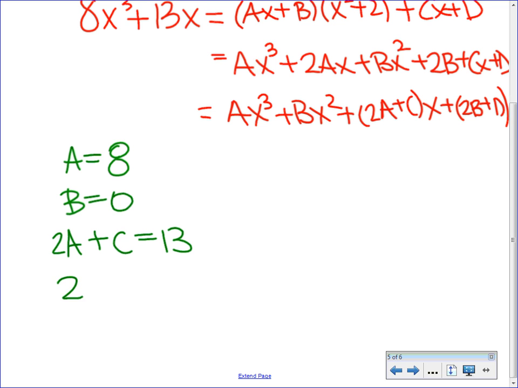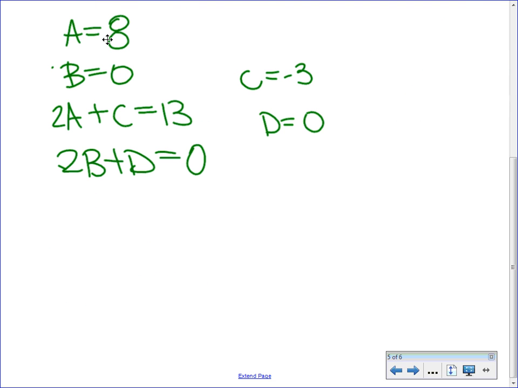And 2b plus d needs to equal 0. So a is 8, b is 0. If I plug a equals 8 into 2a plus c, that makes c equal to what? And if I plug b into 2b plus d equals 0, d is 0.